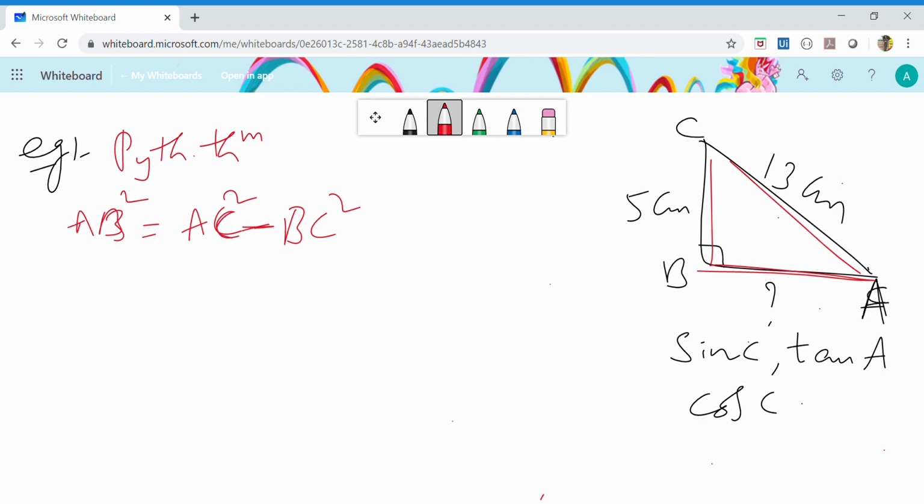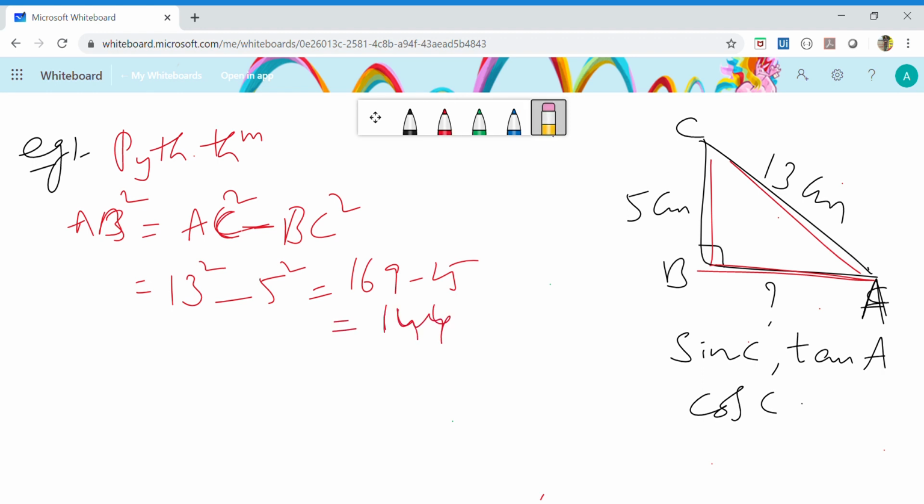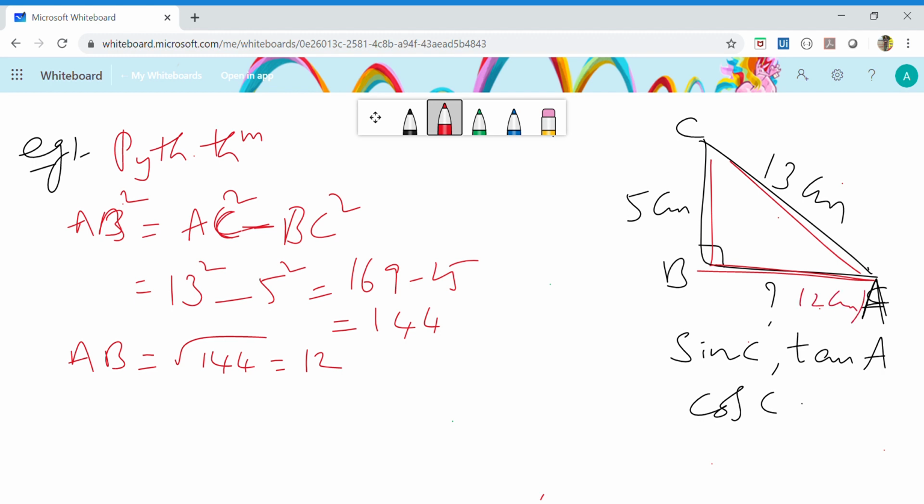AC square is 13 square minus 5 square, that is 169 minus 25, which is 144. AB is equal to the square root of that, which is 12. So 12 centimeters you got as AB.